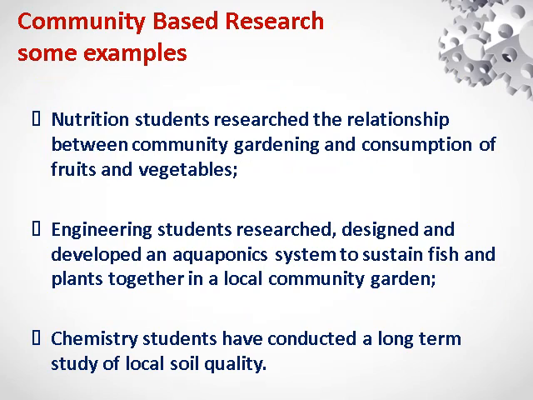Now we can go through some examples of community-based research. Nutrition students researched the relationship between community gardening and consumption of fruits and vegetables. That's community-based research. Another example, engineering students researched, designed and developed an aquaponics system to sustain fish and plants together in a local community garden.